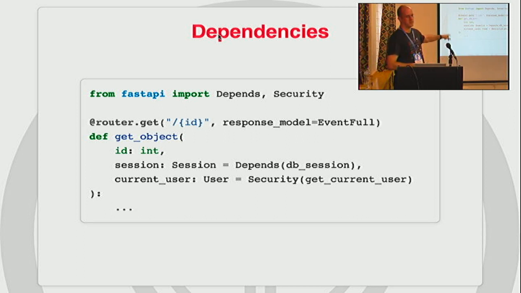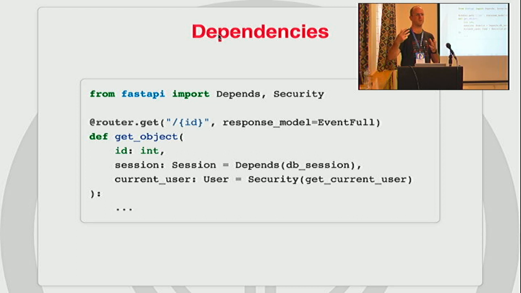The difference between Depends and Security is not a lot. The only difference is one I won't have time to show you today, which is being able to say which OAuth 2 scopes you need. That's the only difference the Security one makes. This is nice and simple, and it's great because it's simple to think about on one level. What's most interesting is if that get current user function has dependencies on other functions.